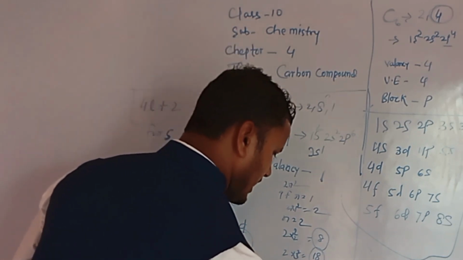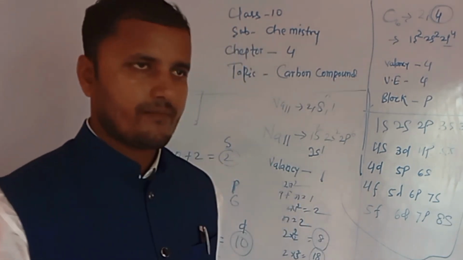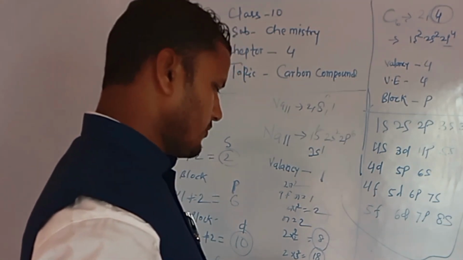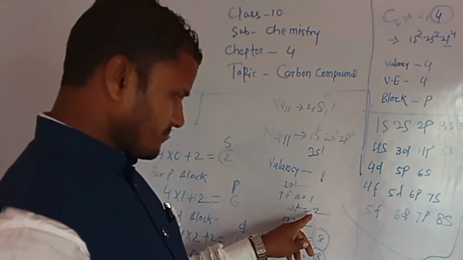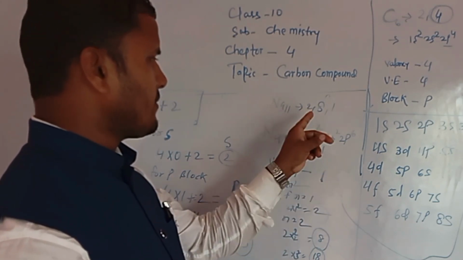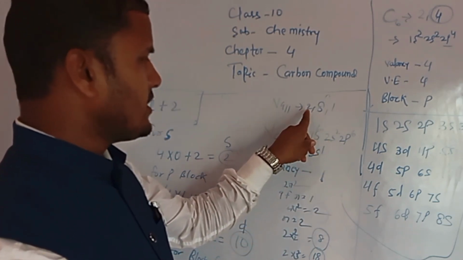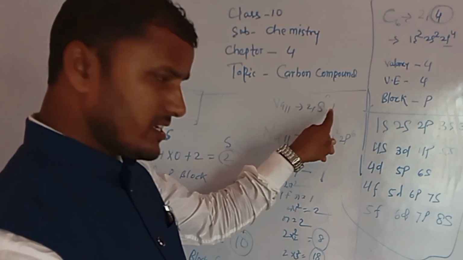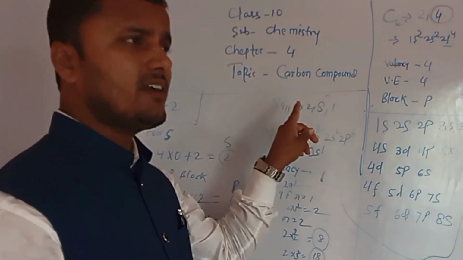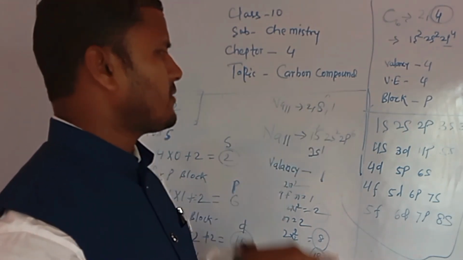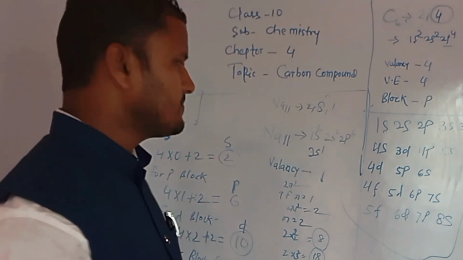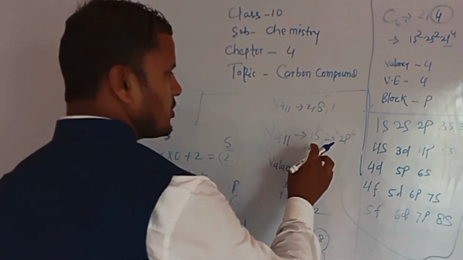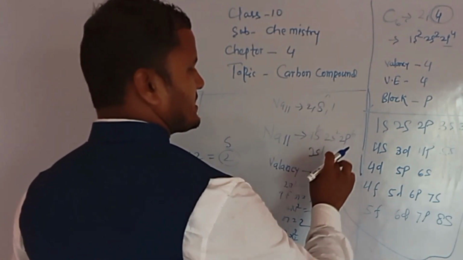And according to this we can find orbit-wise. So by using the orbit-wise method, we can find 2, 8 and 1. This is by orbit-wise and this is by configuration-wise: 1s2, 2s2, 2p6, 3s1.